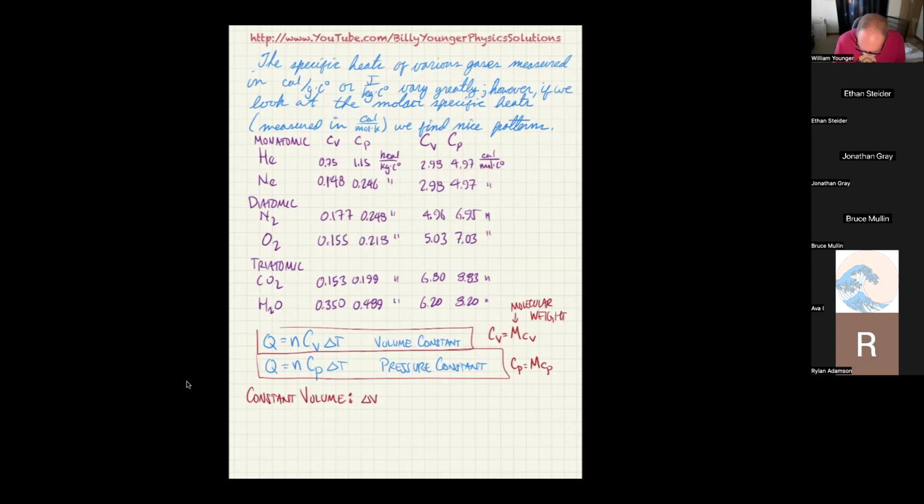Constant volume means delta V equals 0, which means W equals 0, which means delta E internal is equal to Q minus W, but W is 0. So what that means is Q at constant volume is just equal to delta E internal.